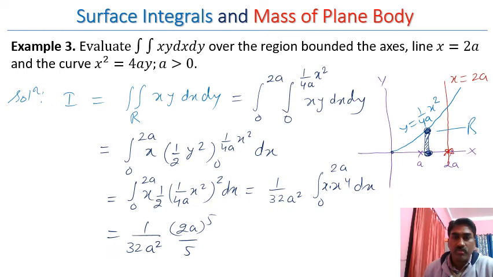So x to the power 5 will integrate to 2a to the power 6 by 6. So now 2 to the power 6, you can simplify this. 2 to the power 6 is 64, and by 32, and this is 6, so the numbers will cancel out, and finally we will get 1 by 3 a to the power 4, because a square will also cancel a to the power 6.